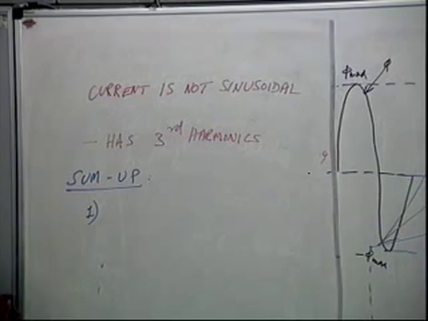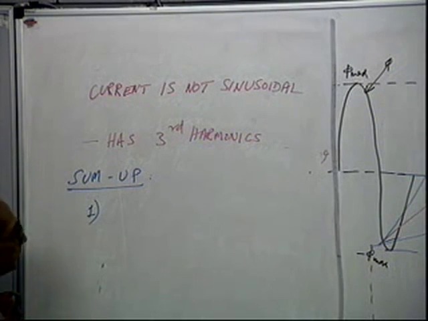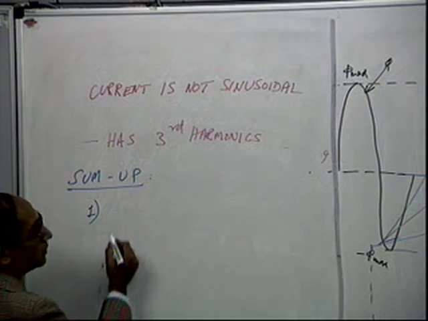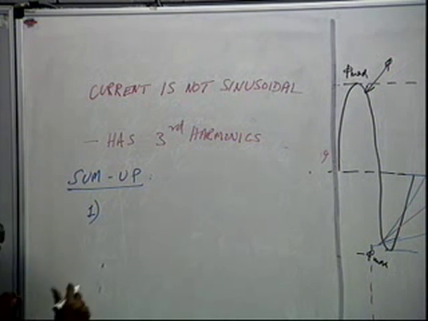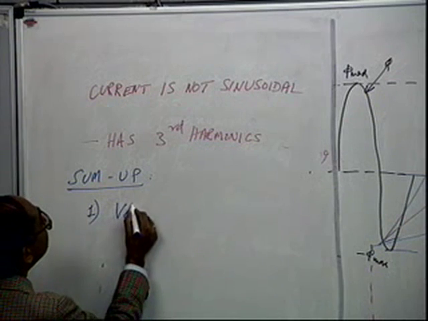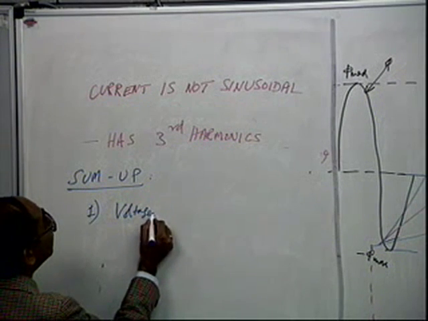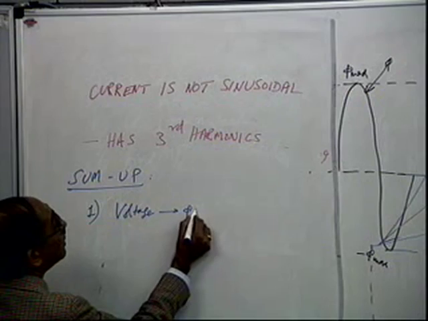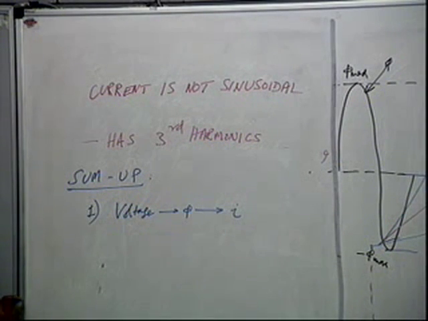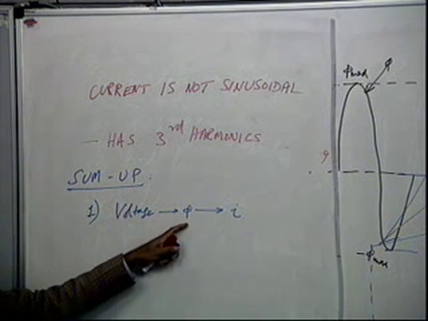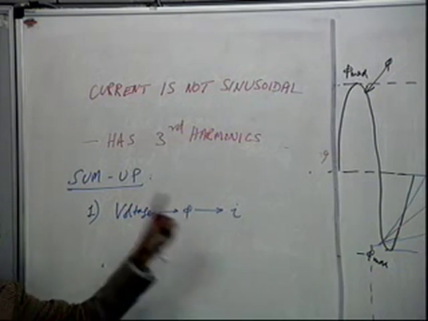To sum up the following points, number one is the voltage causes the flux which causes the current, which is not the same as DC magnetization. In AC magnetization, it is the voltage which causes the flux which causes the current.